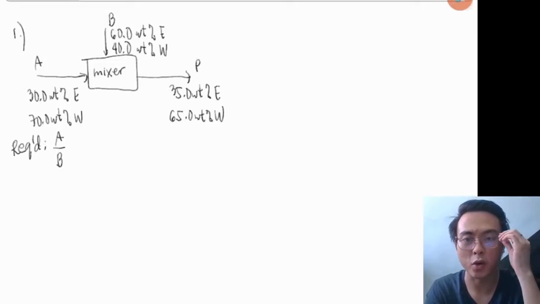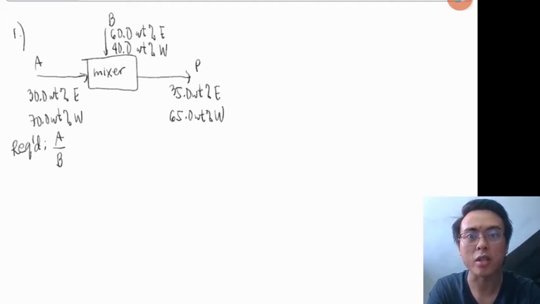But one thing's for sure: when you set your basis, you cannot set more than one basis. You can only set one basis, and that basis is the flow rate of one of the streams. You cannot set two flow rates of streams because then you would arrive with the wrong answer.